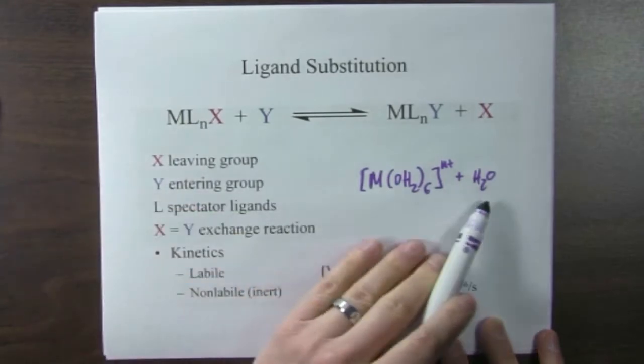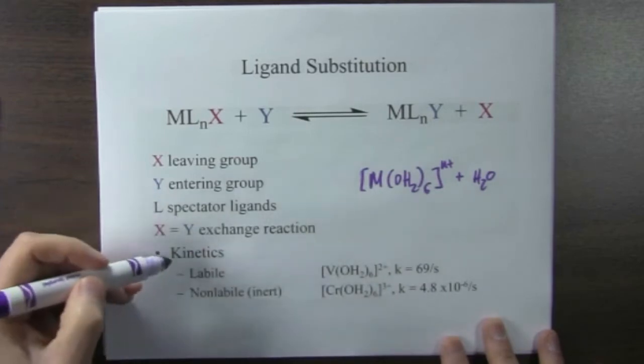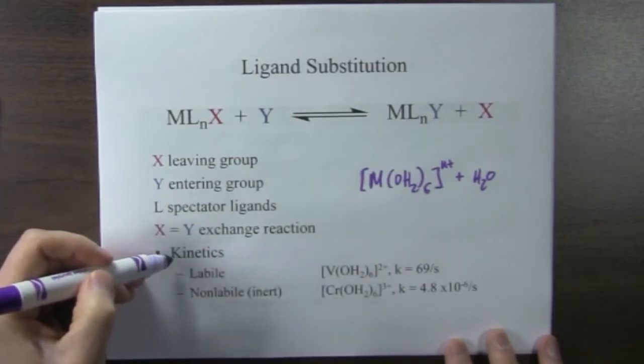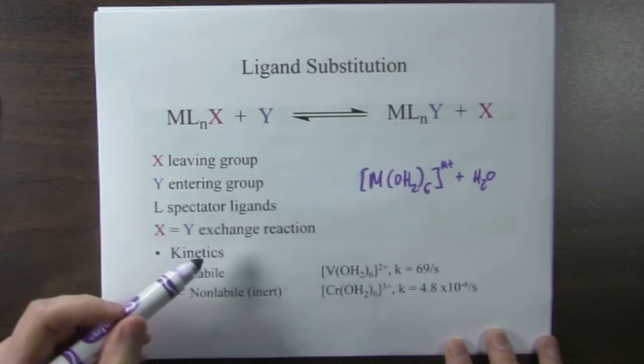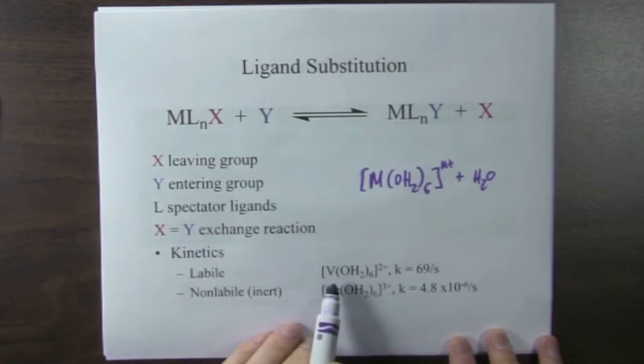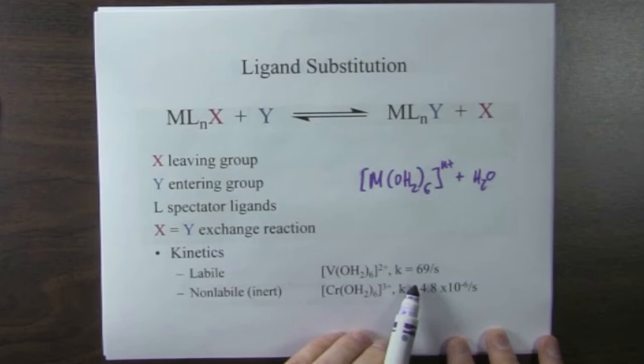You can observe it, however, if you do some kind of isotope study. And indeed, people have done these studies to look at what is the rate of the self-exchange reaction for a series of complexes. In the case of the vanadium 2+ complex, the rate constant for the self-exchange at 25 degrees is about 69 per second.